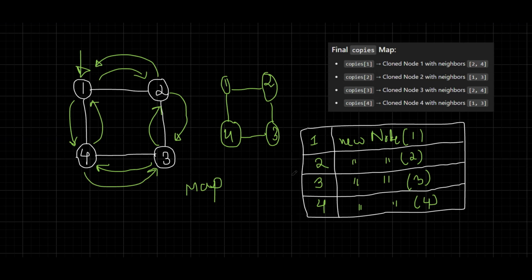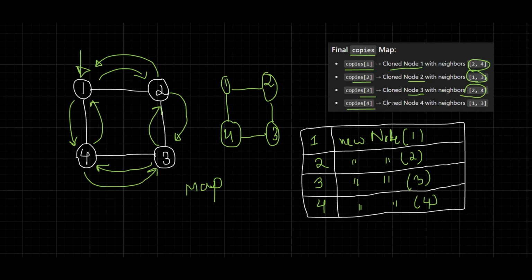Now after completing the DFS algorithm, the final copies will look something like this. The copy of 1 will have the node reference 1 with the neighbors 2 and 4. The copy of 2 will have the node reference 2 with the neighbors 1 and 3. The copy of 3 will have the node reference of 3 with the neighbors 2 and 4.